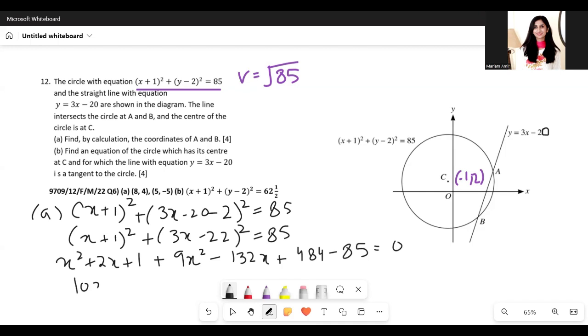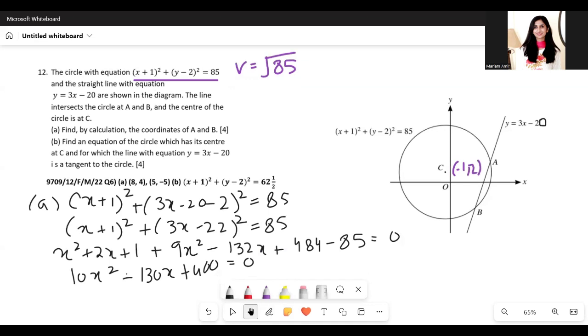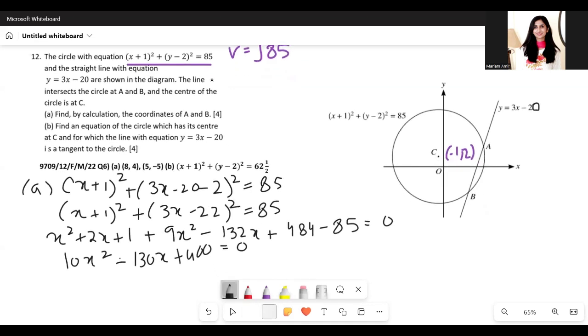I'm going to completely simplify this. 10x squared minus 130x plus 400 equals 0. I'm going to divide both sides by 10. So x squared minus 13x plus 40 equals 0. Now we can factorize here.